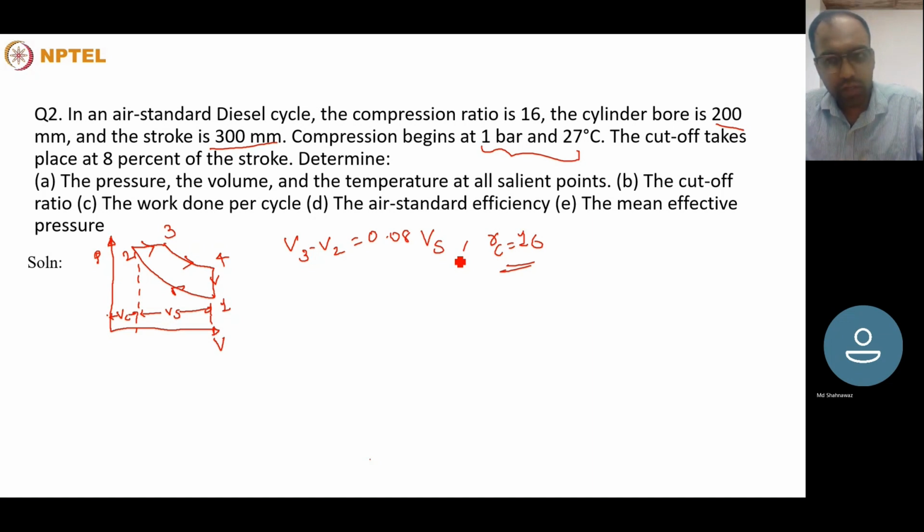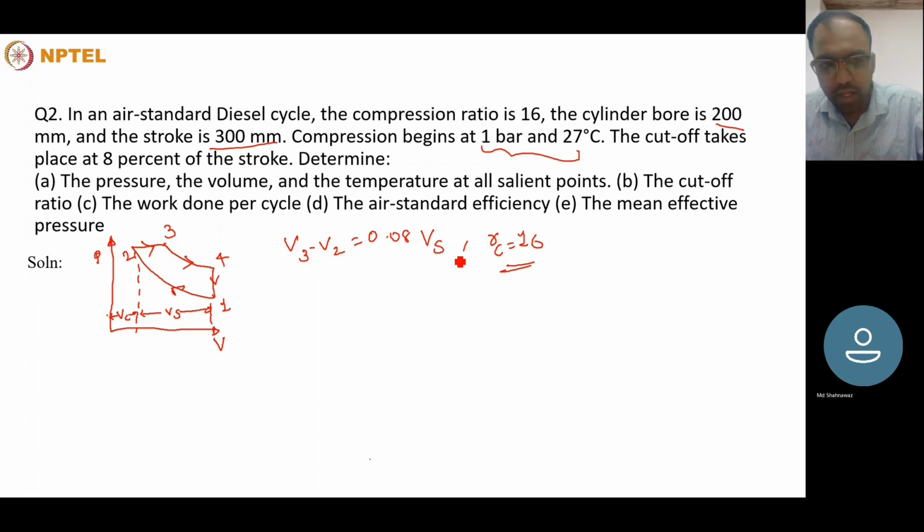The second part, we need to calculate the cutoff ratio. Cutoff ratio is not straightforward.